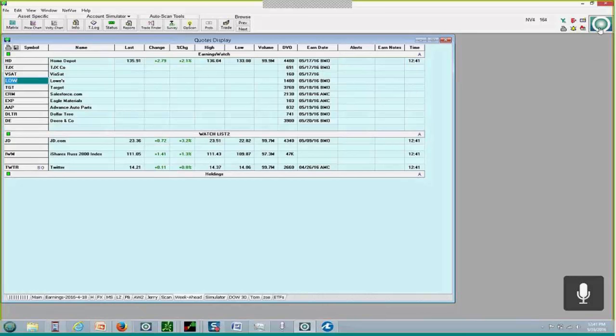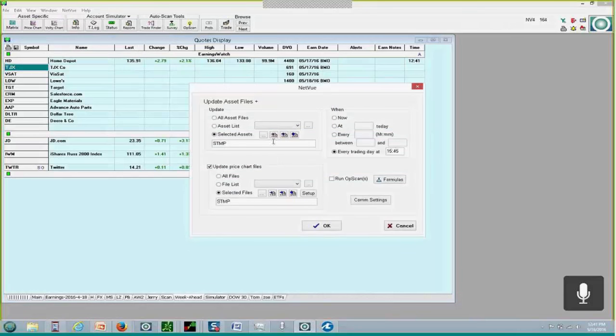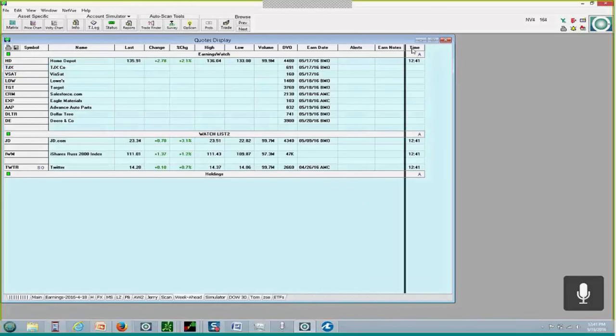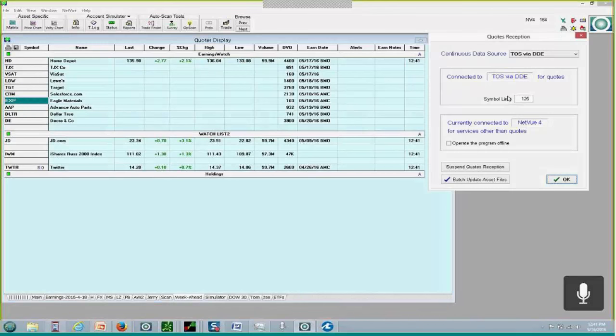For some reason, this is updating right here. Let me go ahead and go into NetView. I want to update my files. I'm going to go ahead and update all of these. And it's very important that if you're using OptionVue or any program, your data source is connected and pulling in your data feed.